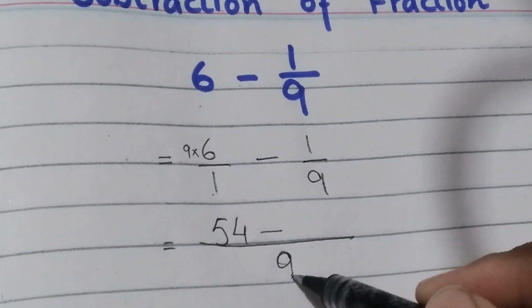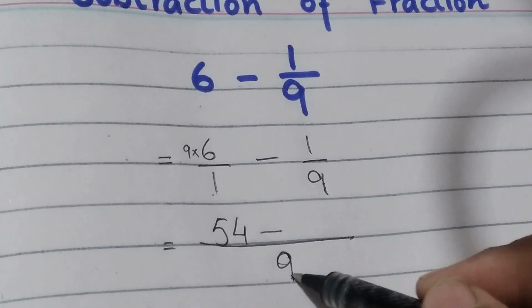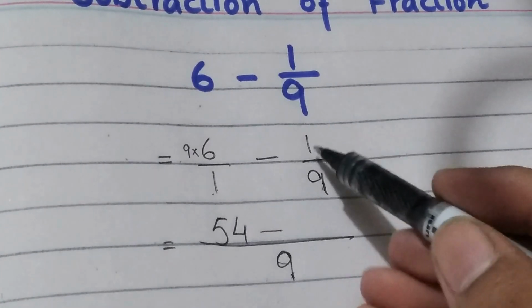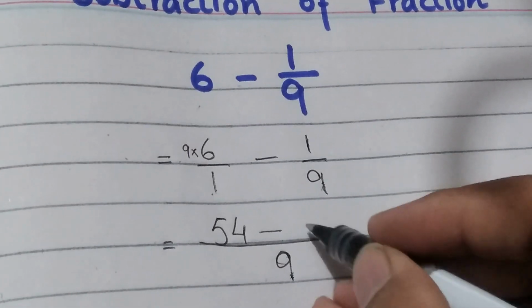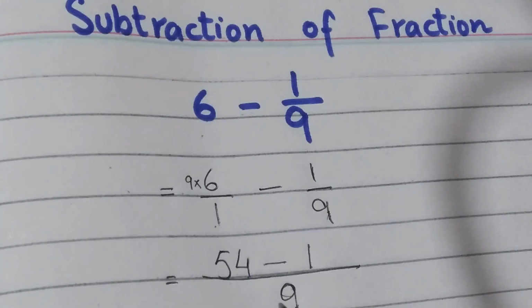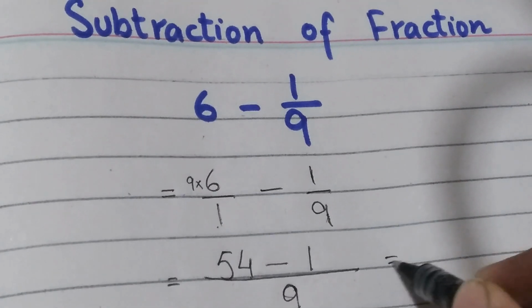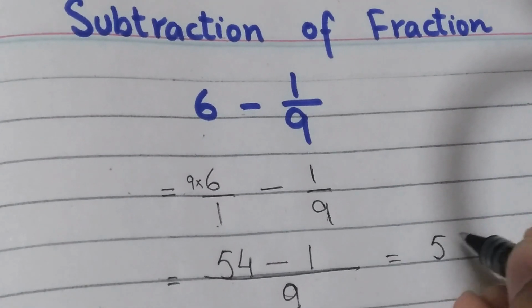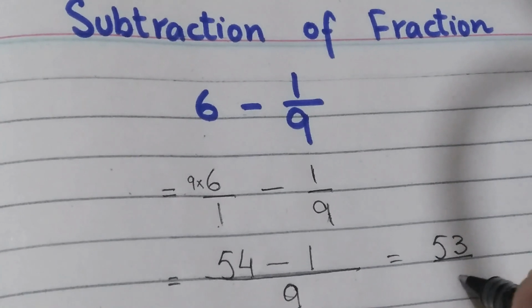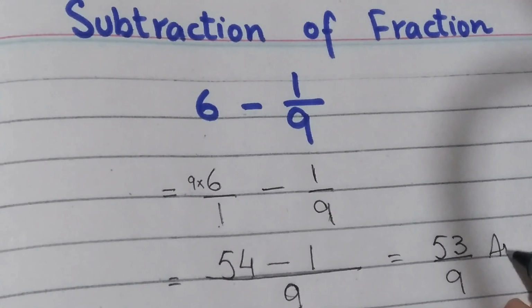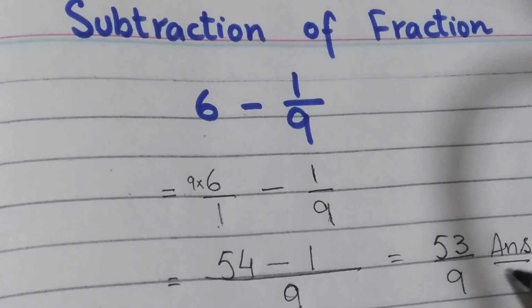Minus 1 over 9. Both bases are the same, so we will write this value as it is. 54 minus 1 equal to 53 by 9. It's our answer. Understand?